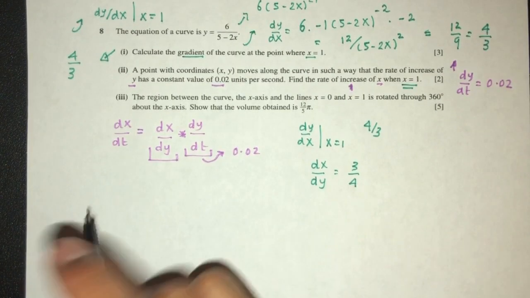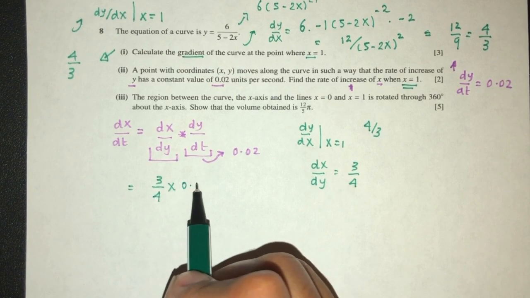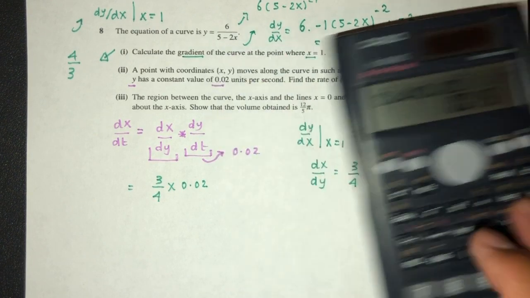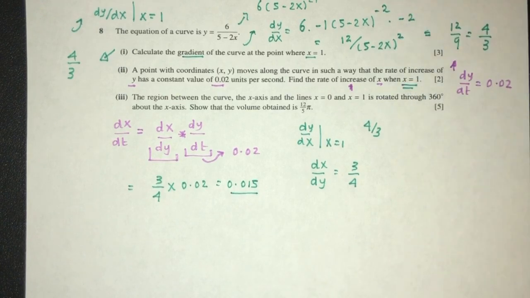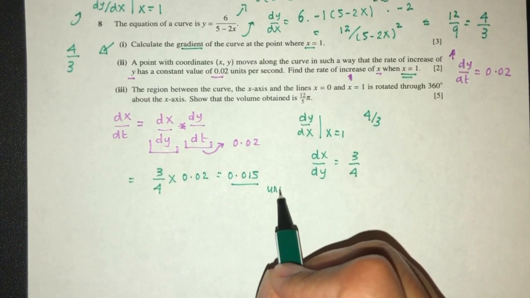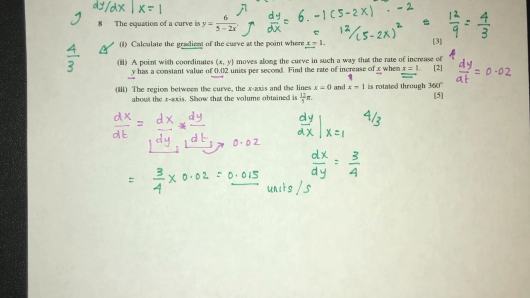So replace back in the main equation, that should be 3 over 4 times 0.02. That should be 0.015. This is the rate of increase of x. Of course, we can write units per second. That will be part 2 of the question.